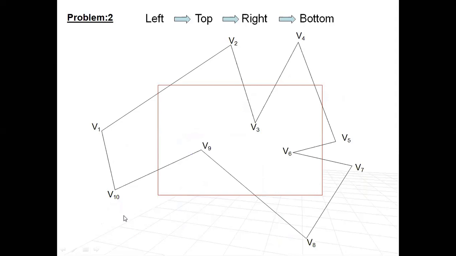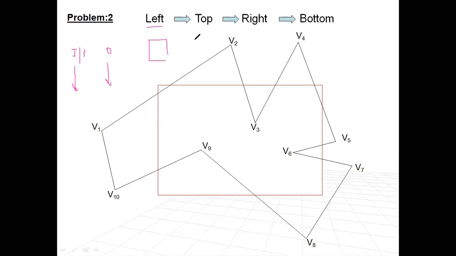Whenever you apply the rule, you have to write the input vertices and the output, and here you will give the resultant. After applying the left clipping, the resultant has to be drawn.